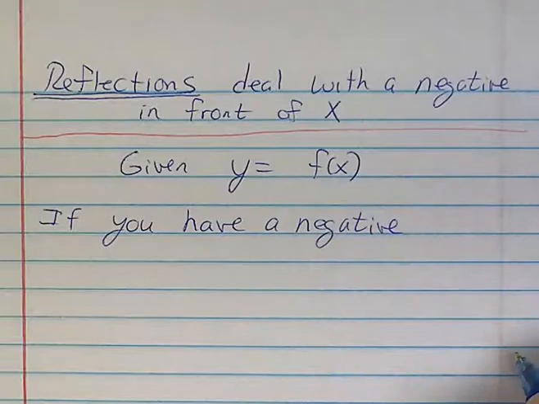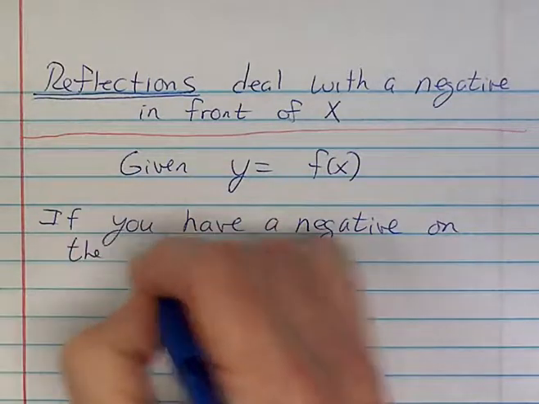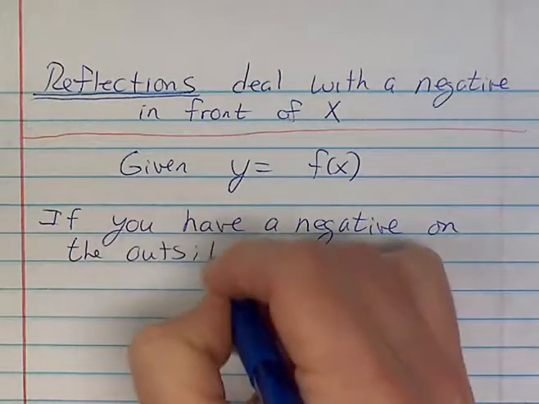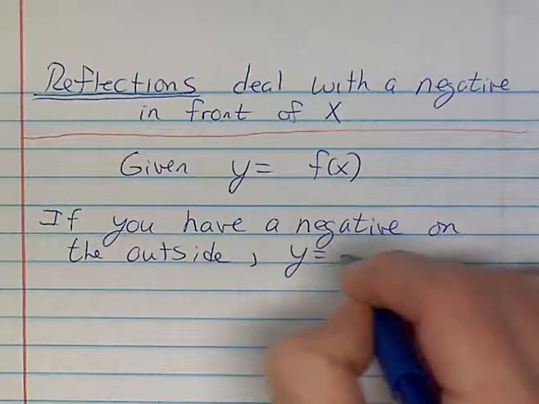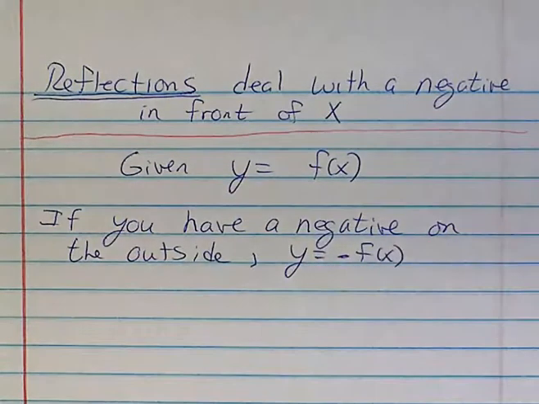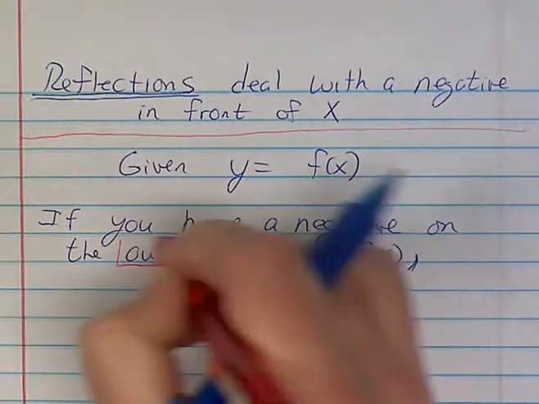If you have a negative on the outside, so this would be like we had y equals negative f of x, it's going to go back to that same thing. Where you put the negative tells you what this thing is going to do.